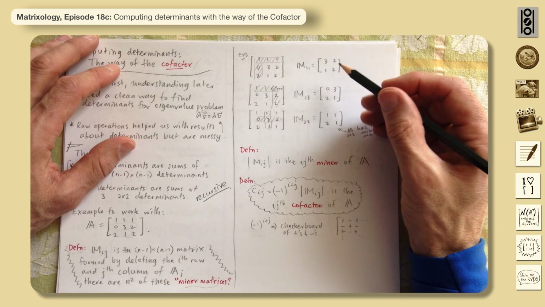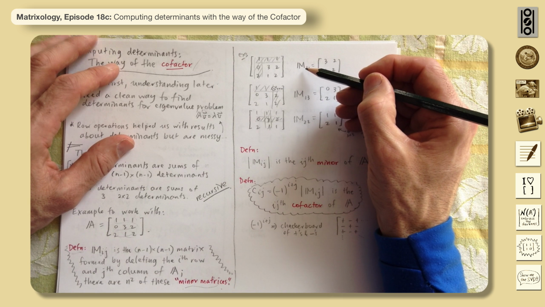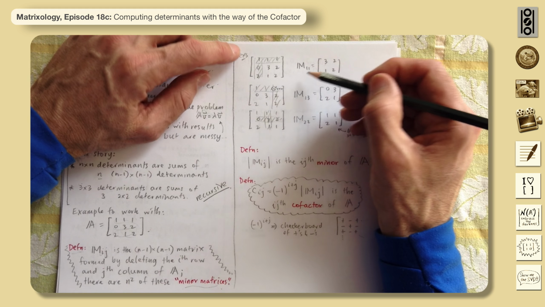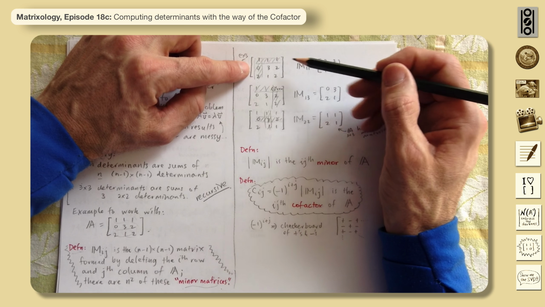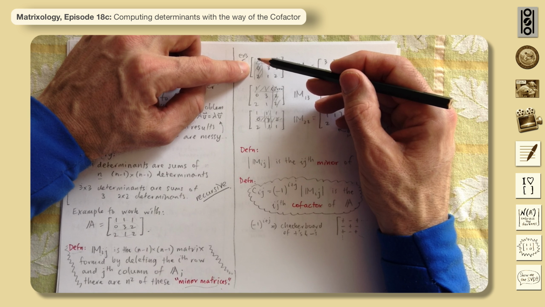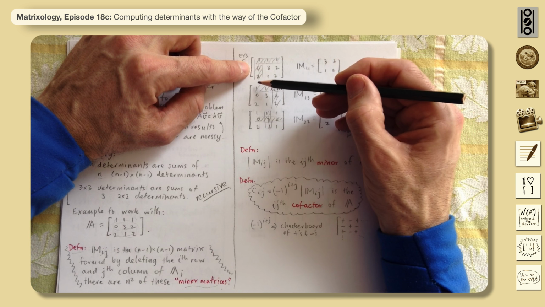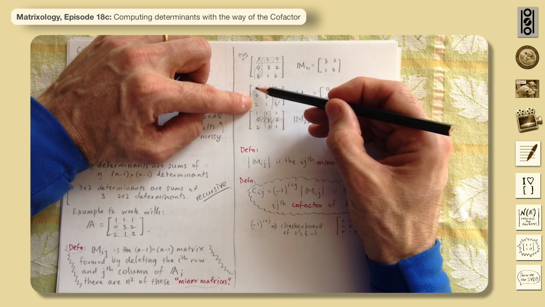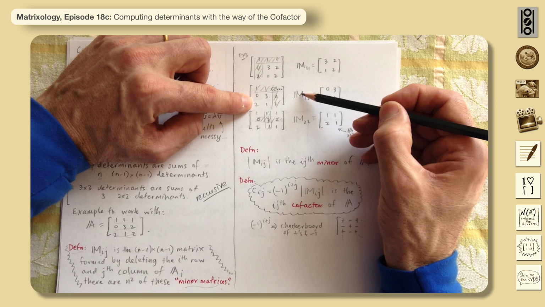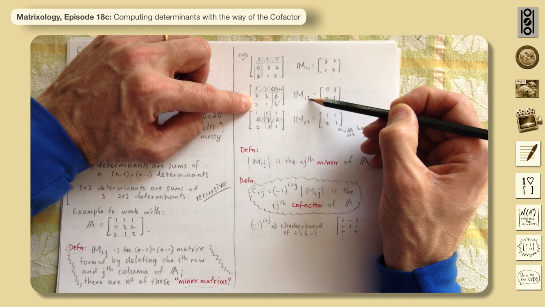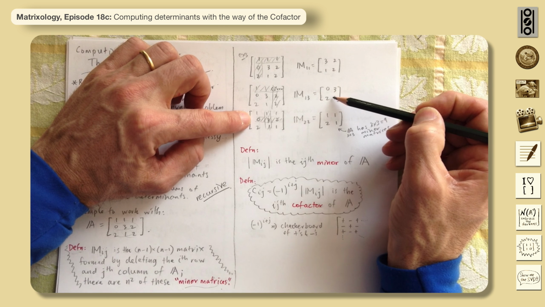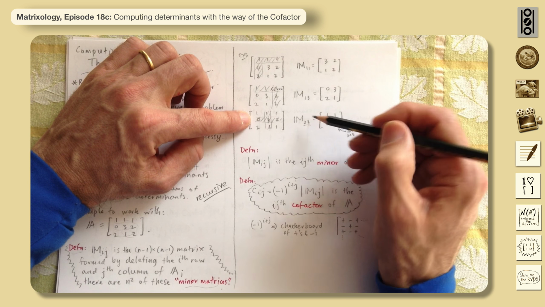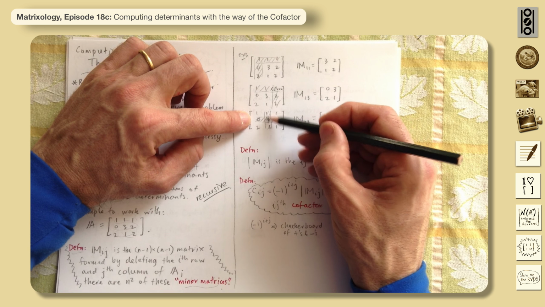We're going to build from there. So here's the example I just mentioned. Again, here's our matrix. Pac-Man is eating things in here. Take out the first row, first column, what's left? 3 2 1 2. Take out the first row and third column, that's M13, and we're left with 0 3 2 1. M22: take out the second row, second column.